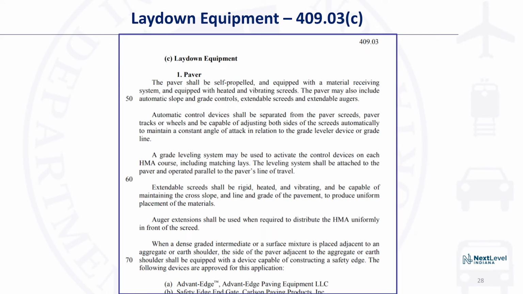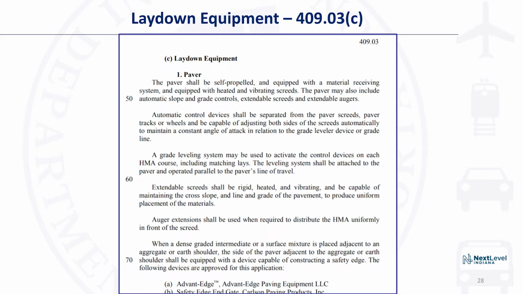All right, we talked about distributors, we talked about hauling equipment, now the laydown equipment. And again, Brad talked about some of this in the paving QCP. But the specs do have some specifics on the laydown equipment.